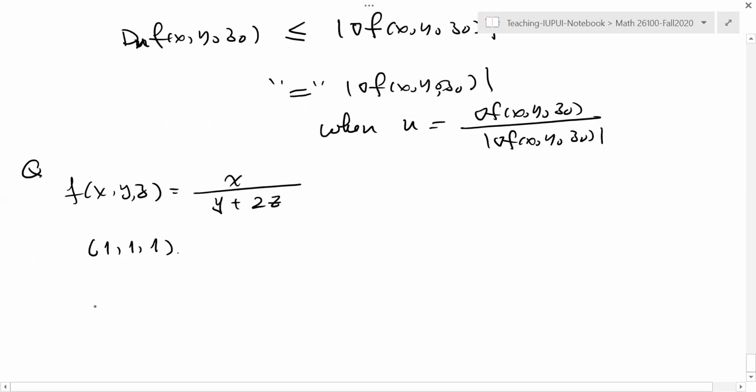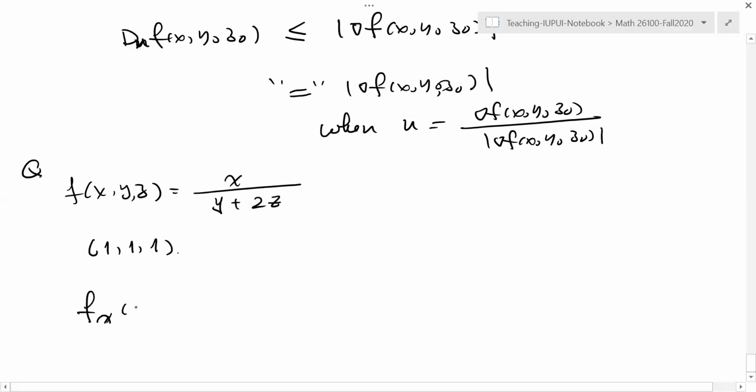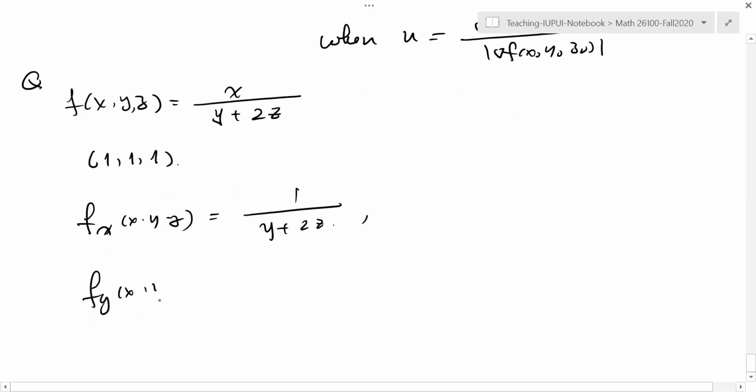So the gradient of f. I have to find the partial derivatives and evaluate them. The first one is easy: it's just 1 over y plus 2z. The second one, I just write down the answer.